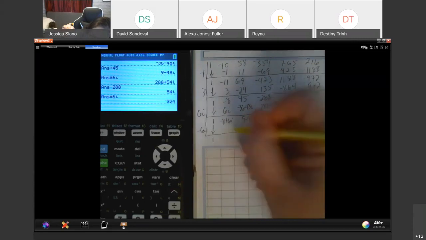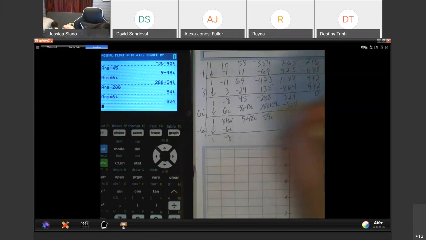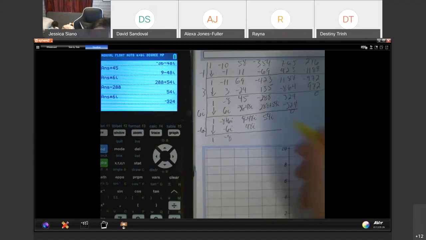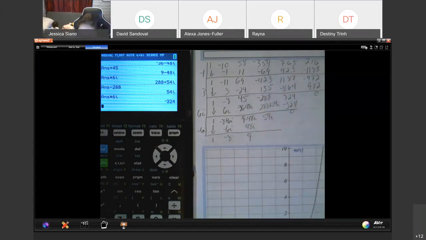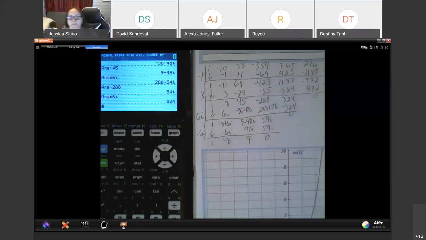So 1 times negative 6i is negative 6i. 6i and negative 8 plus 6i minus 6i is just negative 8. Negative 8 times negative 6i is 48i. 9 minus 48i plus 48i is just 9. And then 9 times a negative 6i is a negative 54i. Phew.